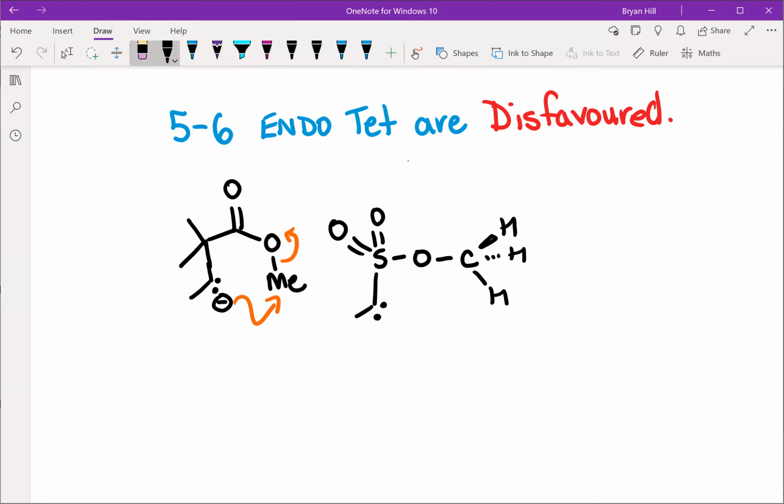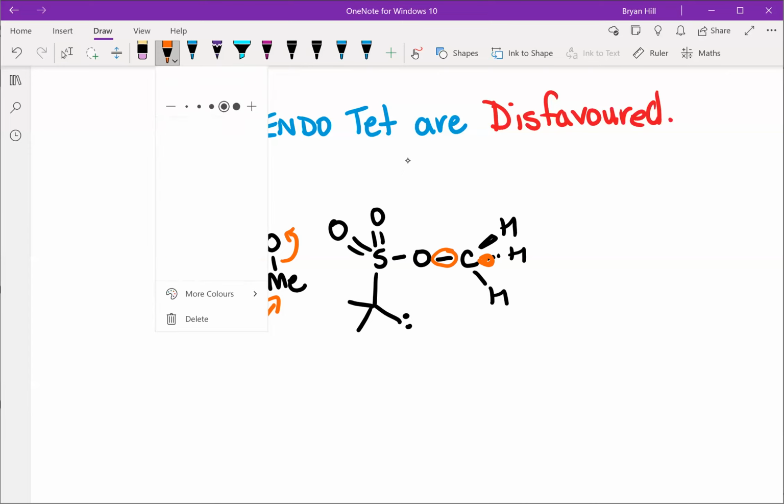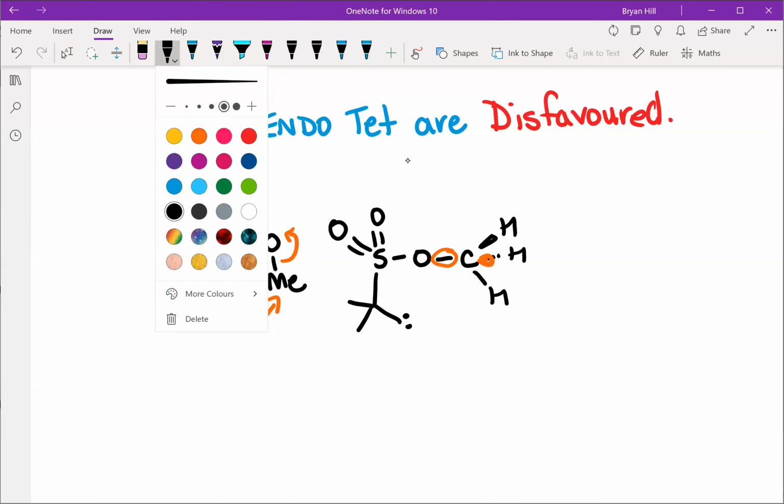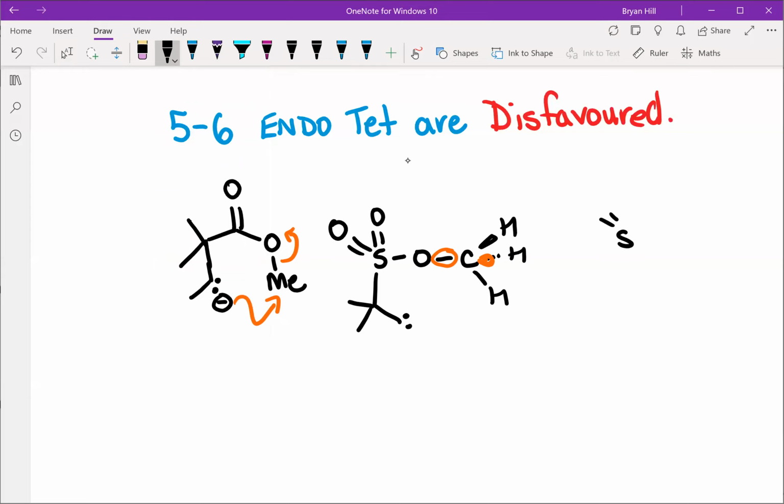Oh, we need another carbon. So if we're trying to break this bond here, the antibonding orbital for this is, of course, on the opposite side of the carbon. And I've actually drawn this linear, so it's not quite a fair representation, but let's pretend that it's actually drawn on an angle. So sulfur.